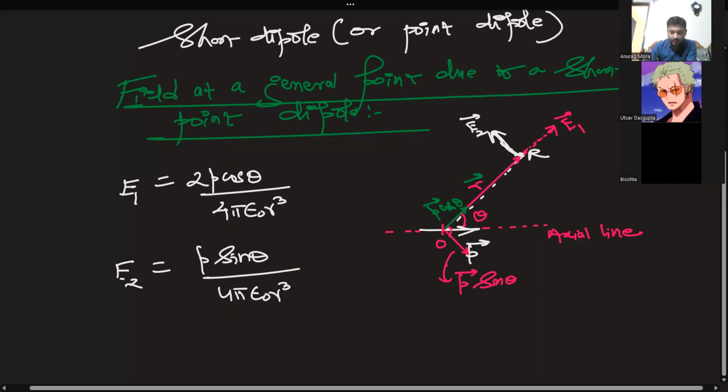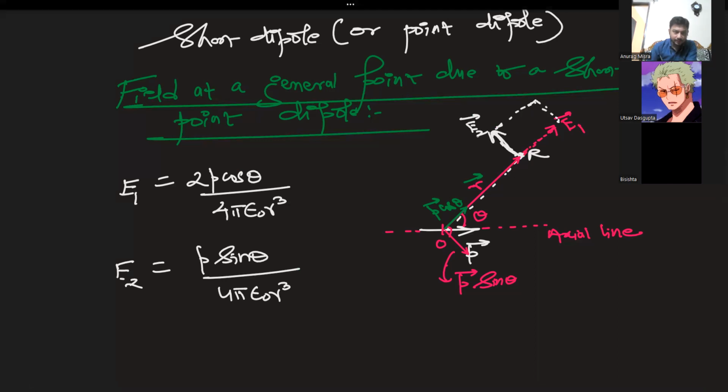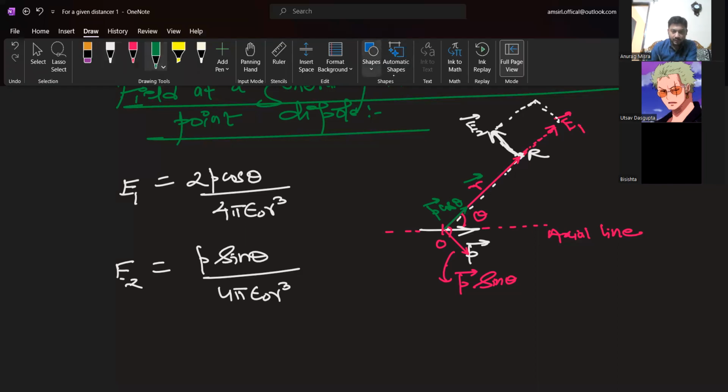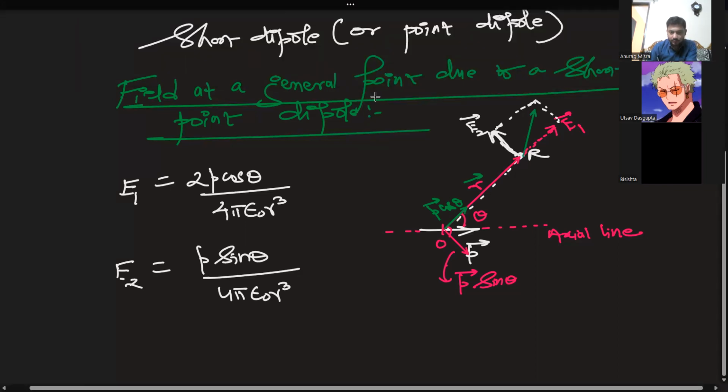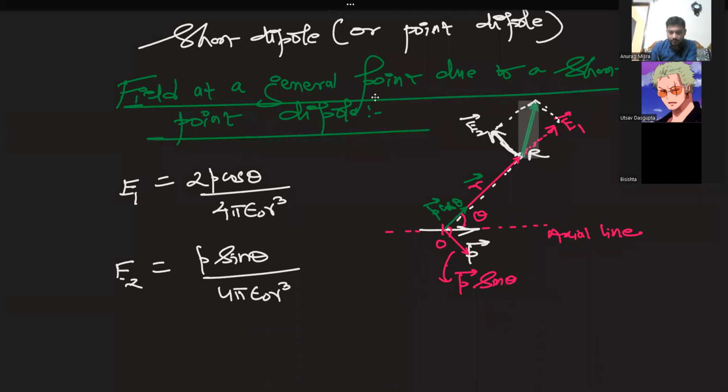तो resultant क्या बनेगा? If you draw a parallelogram out of these two vectors, and if you find out the resultant, you know कि resultant will come along the diagonal. Right? So this will be the resultant field E. Right?